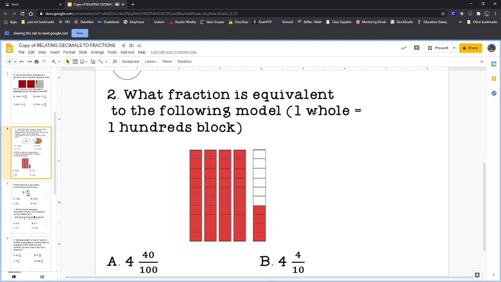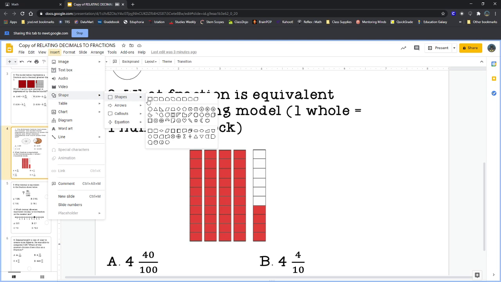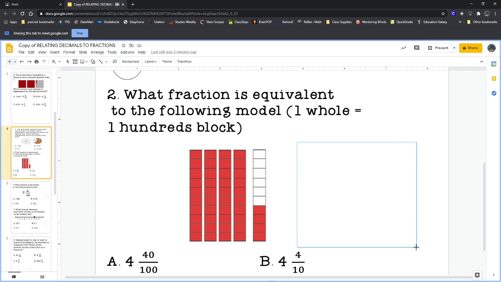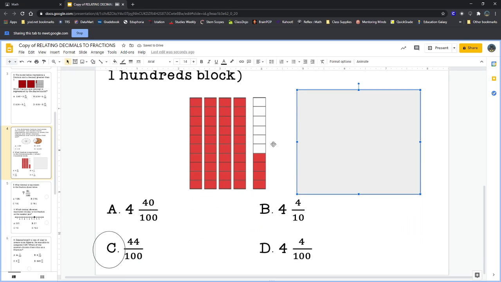Then it tells us before we see the model, 1 whole equals 1 hundredths block. So the hundreds blocks are the ones that are the big squares. That's a hundreds block. They don't show me a hundreds block. They show me parts of it.